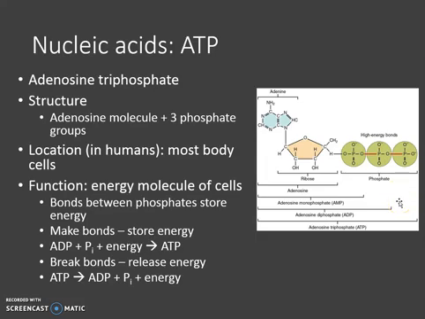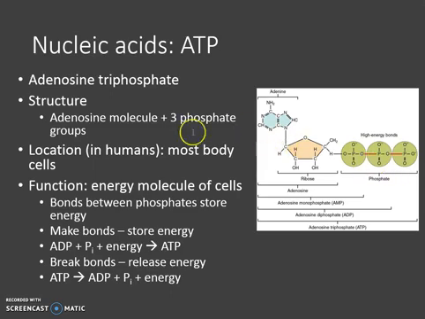So when you make a bond, you store energy, and then your body has structures that can break bonds, and when it breaks those bonds, it releases that energy, and the energy gets transferred to something else. So for example, in order for your muscle to contract, your muscle cells have to be able to break a bond between the phosphates in ATP and transfer that energy to the muscle cell so the muscle cell can contract.